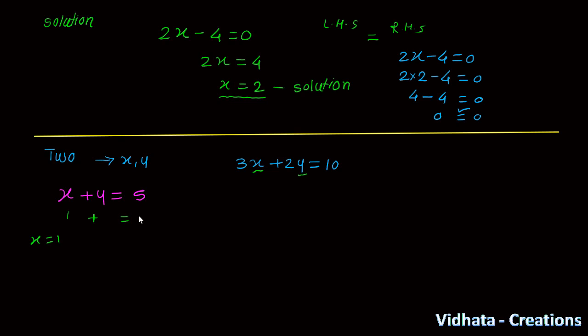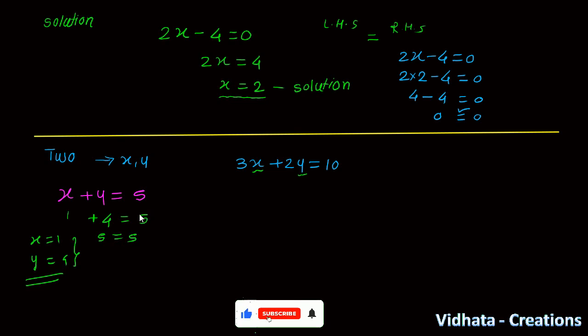On the right hand side you have 5, so with 1 there, automatically the value of y will be 4. Thus 5 is equal to 5, so y is equal to 4. And these are solutions of the given equation, because they satisfy the equation.